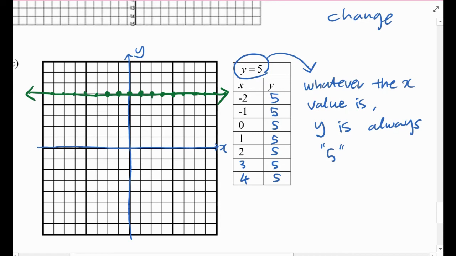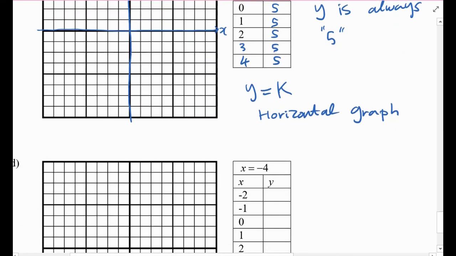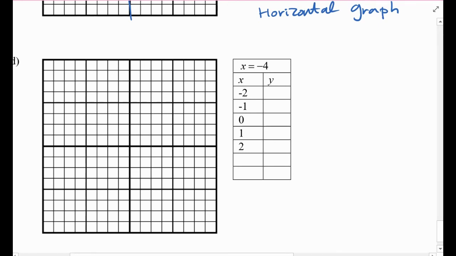Okay, so this is how you draw the y equals 5 graph. So y equals something, say k, y equals k. This is a horizontal graph. And this is also a linear relation because it has a straight line. So it's a linear relation, horizontal graph.